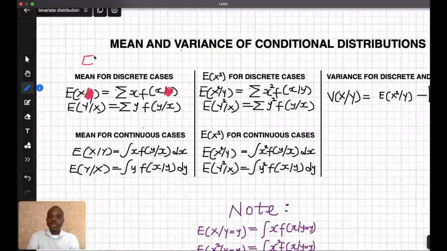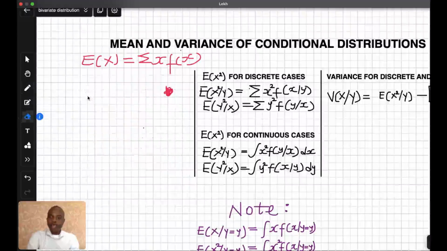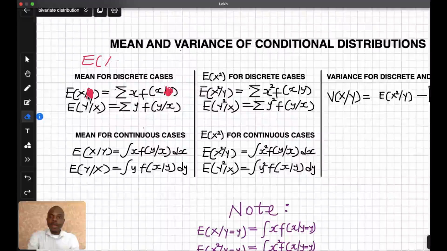What I'm saying is you have this. But because you have given y, the given y has to reflect there this time around. So that's what we are showing.